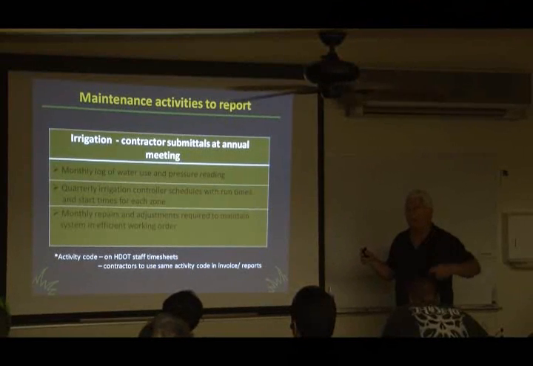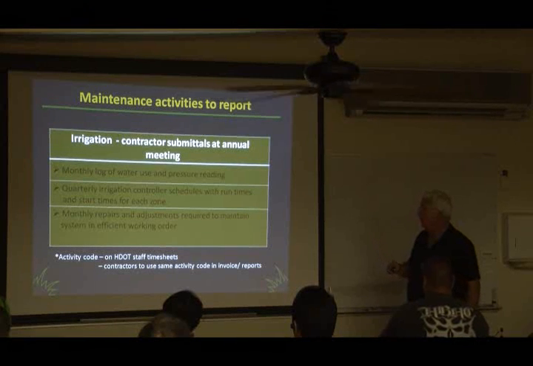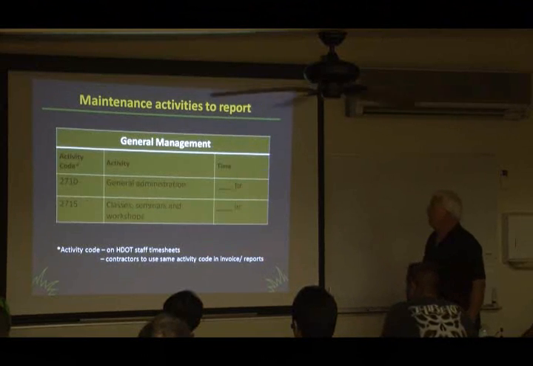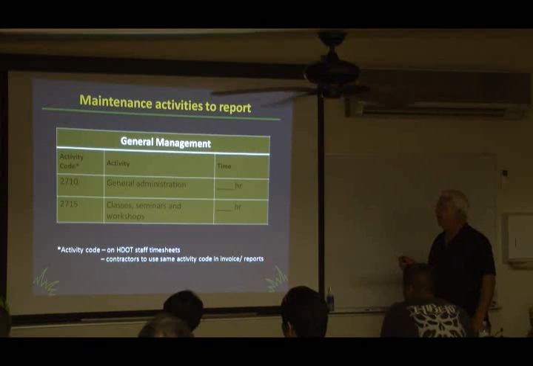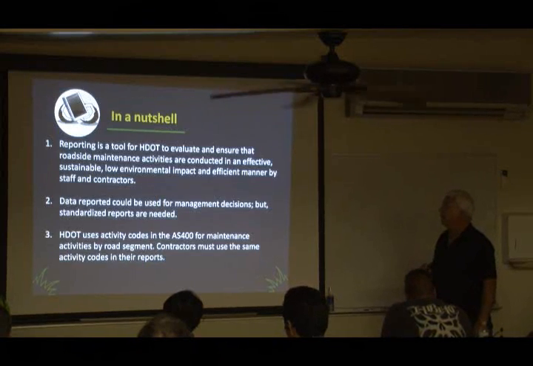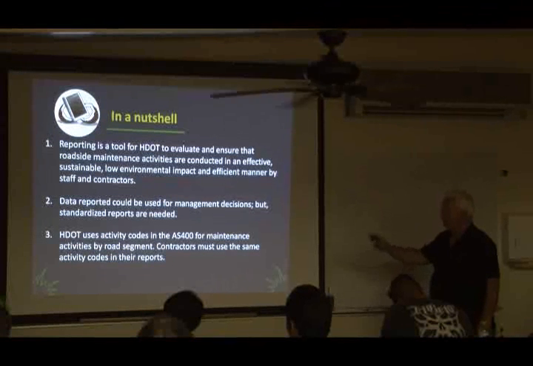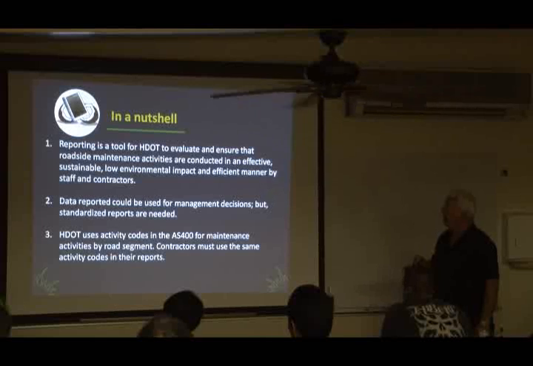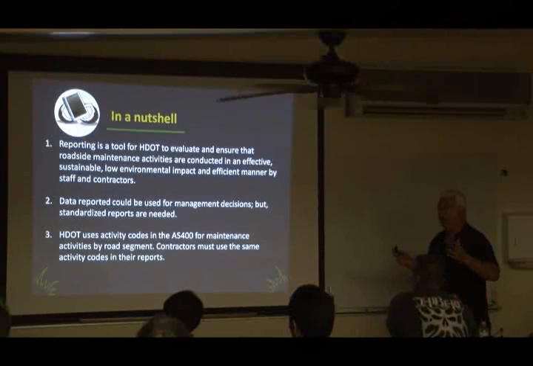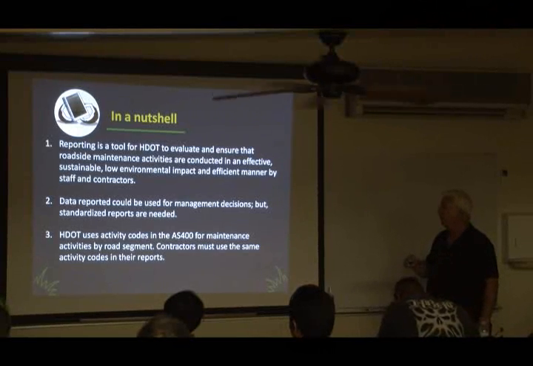Mark will talk a lot more about that when he talks about inspecting. General management kinds of things, again, for the manager need to be addressed. And then again, in a nutshell, this is kind of what we're talking about here: complying with various kinds of state and federal regulations.